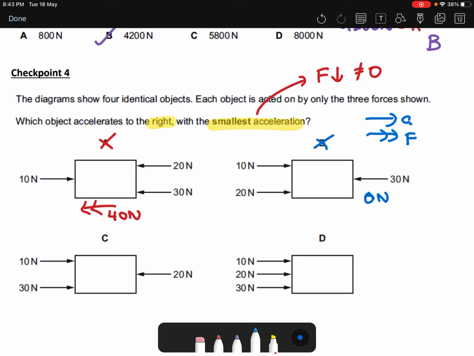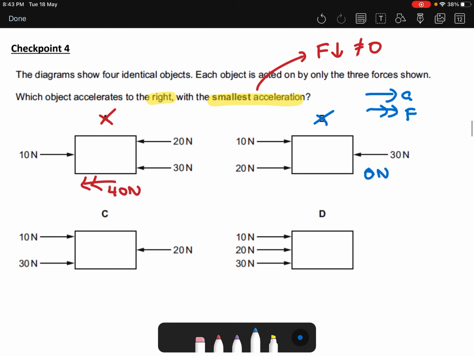Right? C, 40 Newton towards the right, 20 Newton towards the left. So we have a 20 Newton resultant force towards the right. Okay, so last but not least, 10, 20, 30 all acting towards the right. So it's about 60 Newton towards the right. Okay, so our answer should be C.